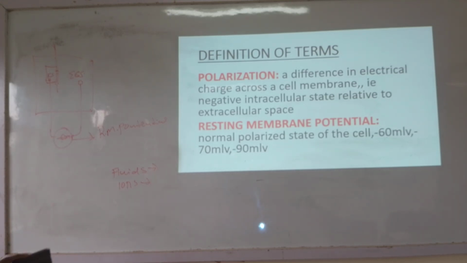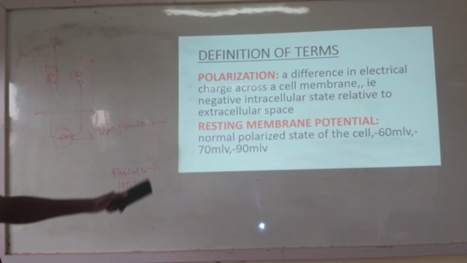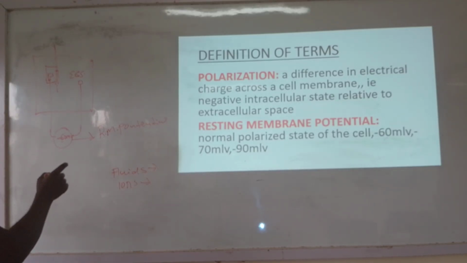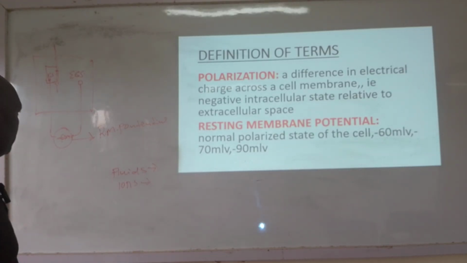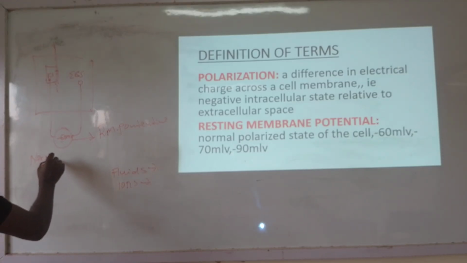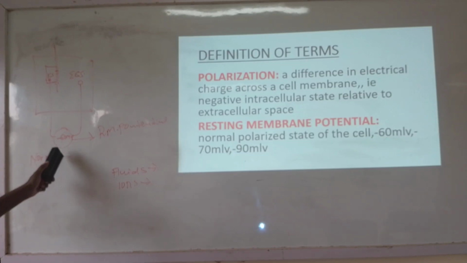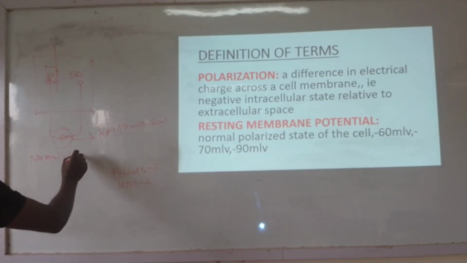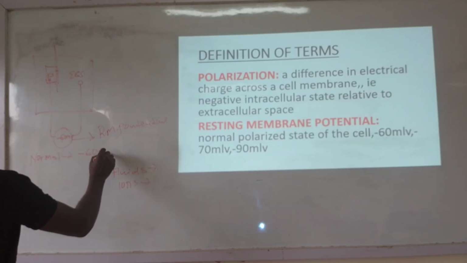Different cells have different resting membrane potentials. The majority of normal cells have a resting membrane potential of negative 60 millivolts.